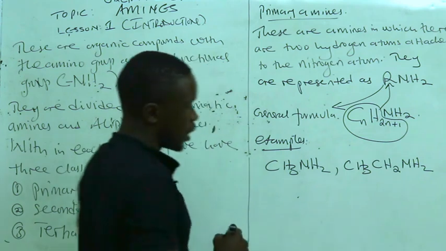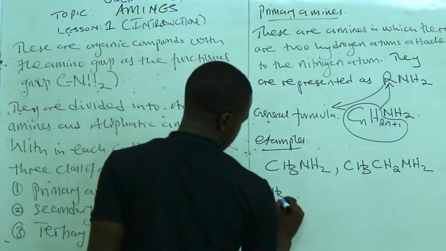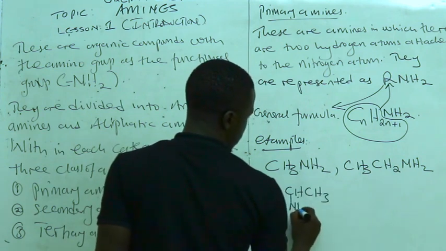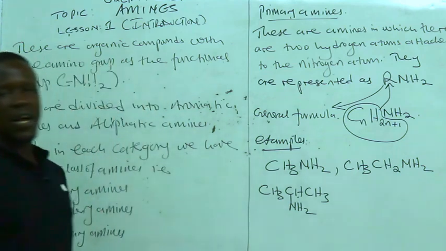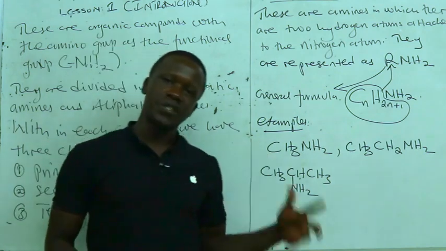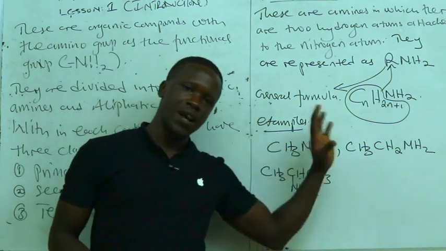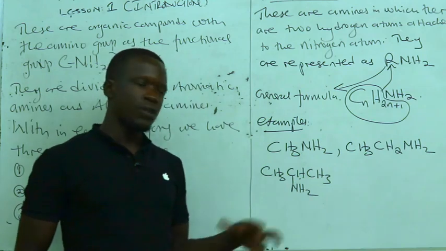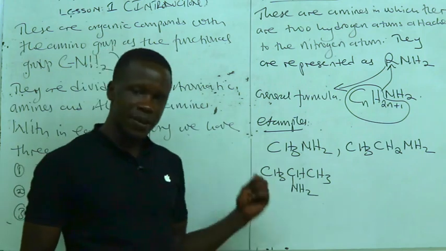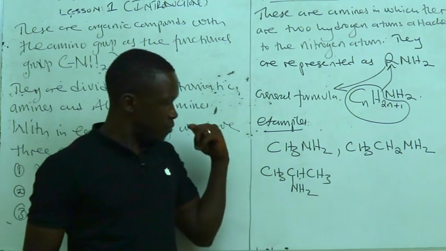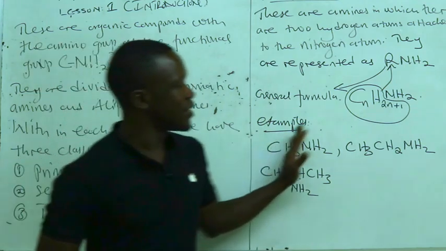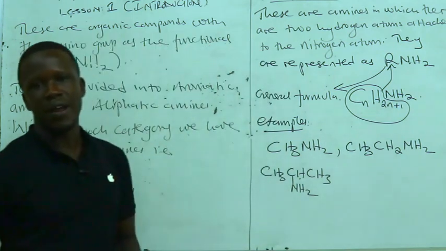We could as well have CH3CH(CH3)NH2. As long as the nitrogen atom has 2 hydrogen atoms, the position in the carbon chain does not matter. What matters is the number of hydrogen atoms on the nitrogen. So all these are examples of primary amines.